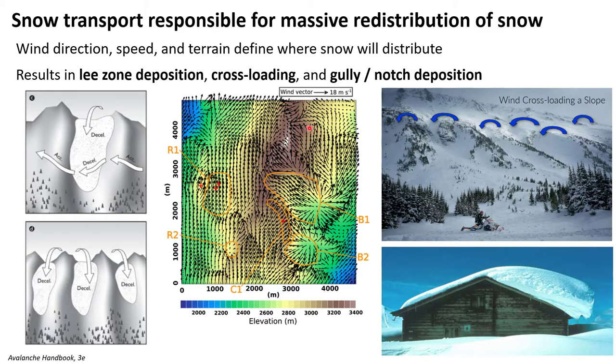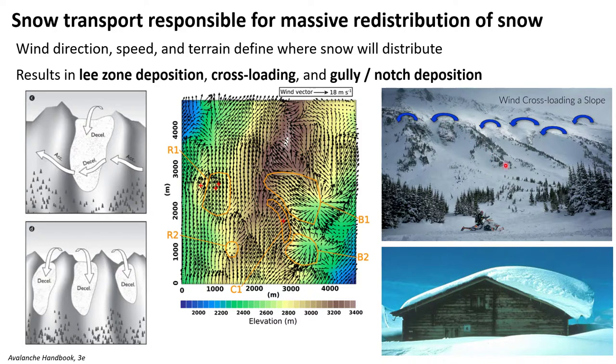But within all of this complex terrain, here you have a gully, here you have a ridge, you have sort of a bowl feature here at the base of a peak. You can see completely different wind patterns, velocities and directions as a function of where exactly those features lie relative to the net wind vector.